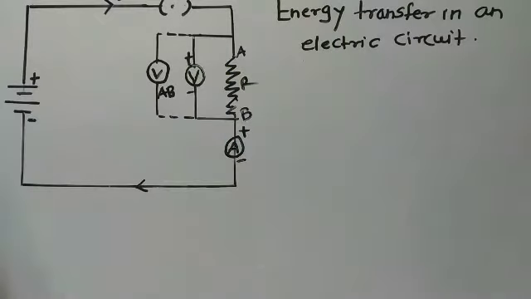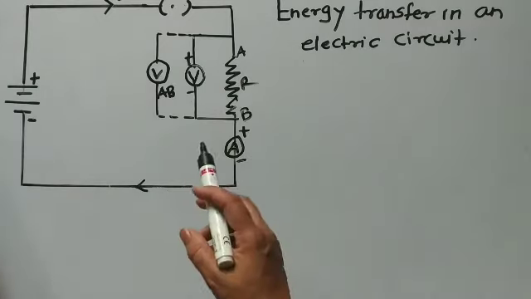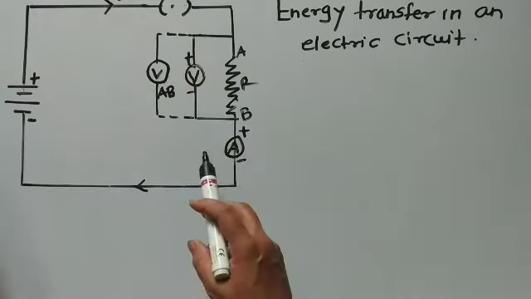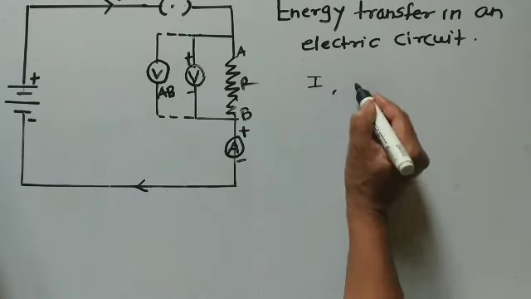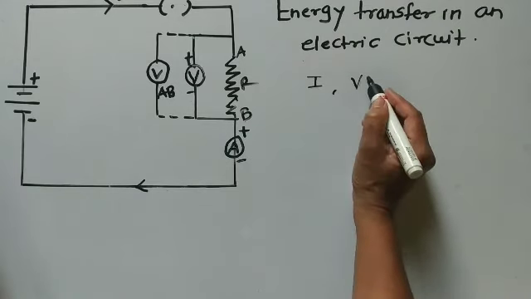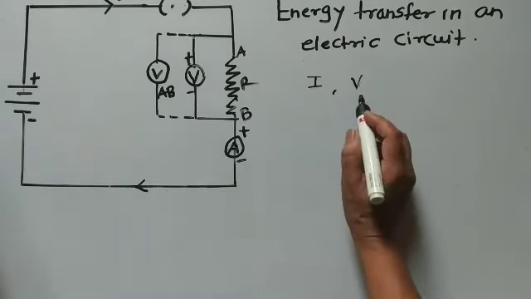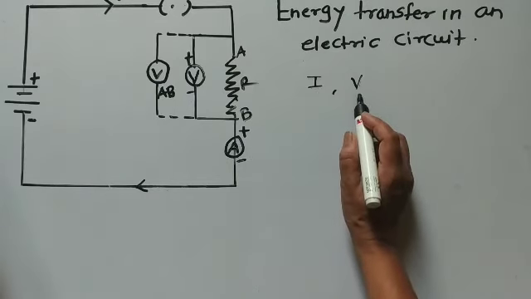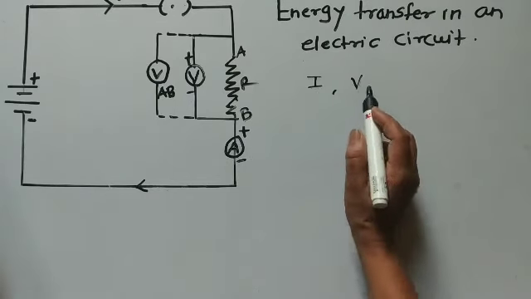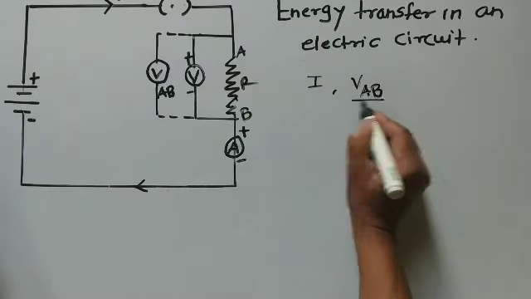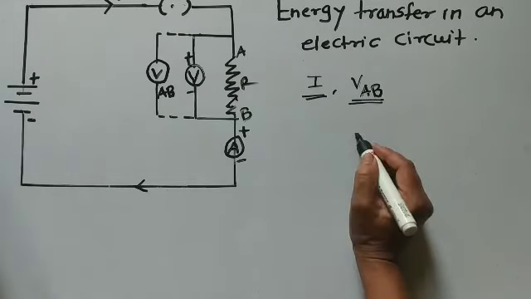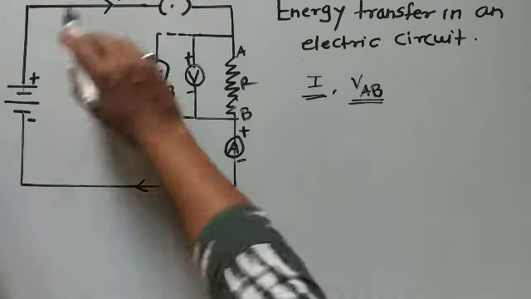Now, our next topic is energy transfer in an electric circuit. See in this diagram, an electric circuit diagram is given. We have to measure the current I and the potential difference V. Current is denoted by I and the potential difference is denoted by V. We have to measure the potential difference between point A and point B, that is VAB, and the current I. Observe this circuit diagram.